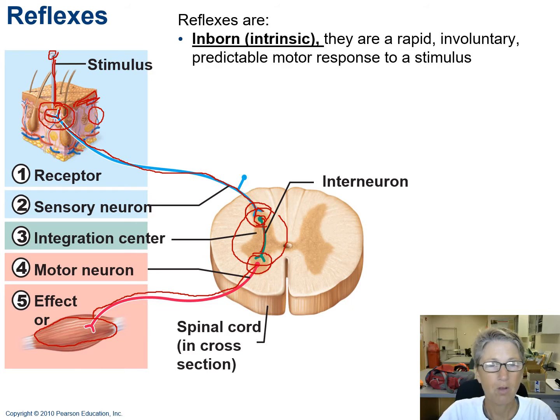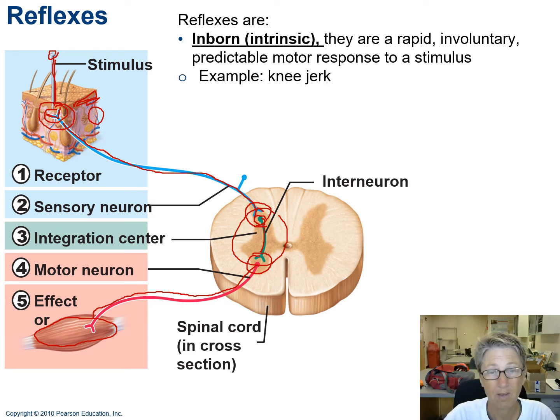Reflexes are intrinsic, which means they're inborn. They're very rapid, as you probably all know. You've all experienced a reflex. They're involuntary, so you don't voluntarily initiate them. They just happen. The pattern that they happen in is usually predictable, and it's in response to a stimulus. For example, your knee-jerk reflex.